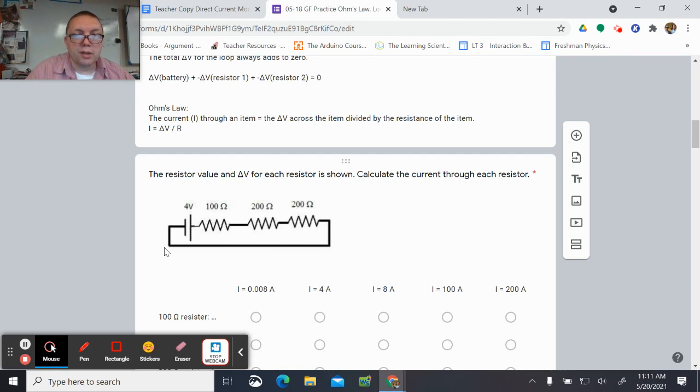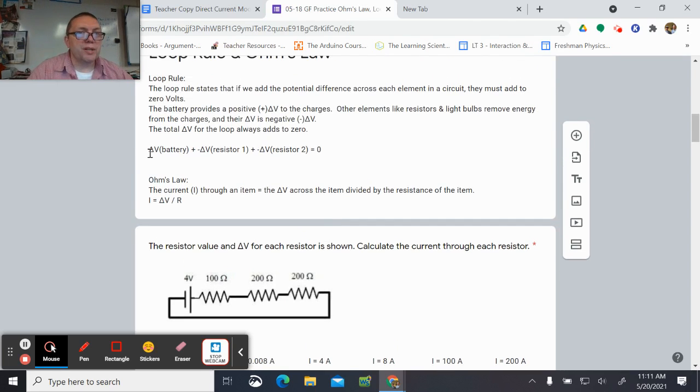So it's like the charge gains 4 volts here, loses something here, loses something here, loses something here, and it's back to 0 volts. Plus 4 volts, minus something else, minus something else, and now it's back to 0.